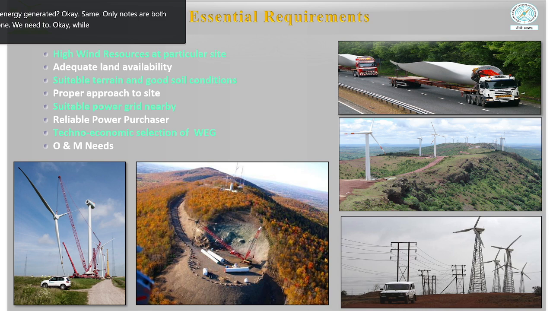You should also have skilled manpower available locally if possible, because if you depute a person with high experience to a remote village, he may not stay there long. So we may have to locally develop some skills. You should look into all these aspects of O&M needs.